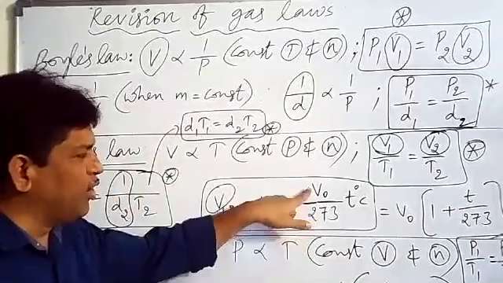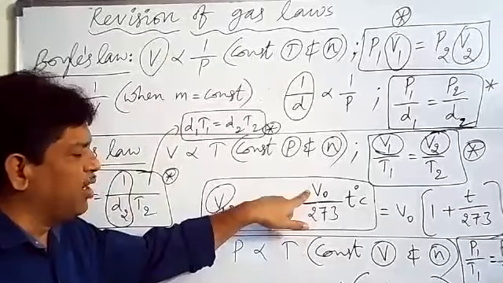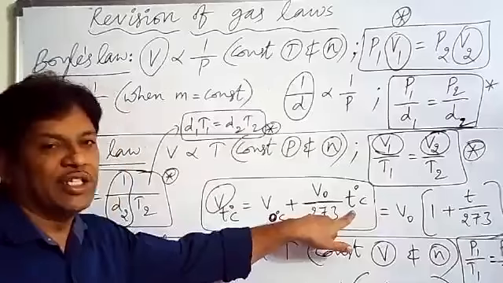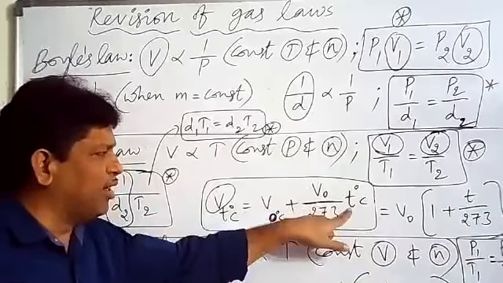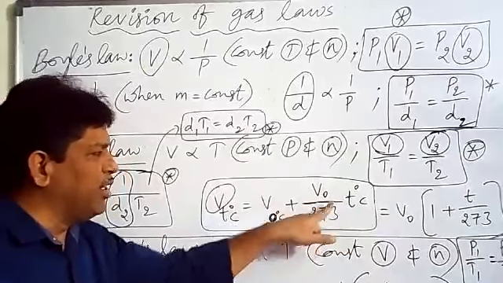That means V0 by 273 times T. If it is 1 degree Celsius, V0 by 273 into 1. If it is 10 degrees Celsius, V0 by 273 into 10.